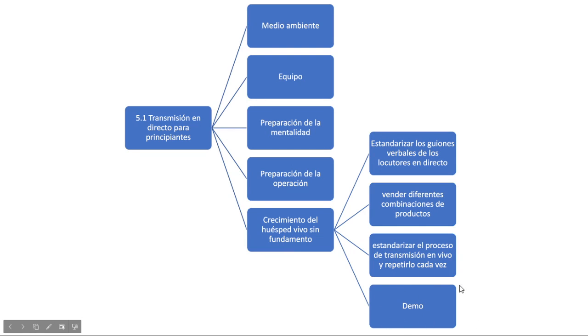So, demos. During your live session, it's important not just to talk about the product, but also to do some testing of what you sell, like if you sell hand cream, or a kitchen tool or a cutting board.